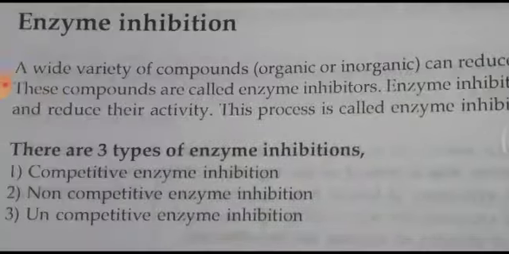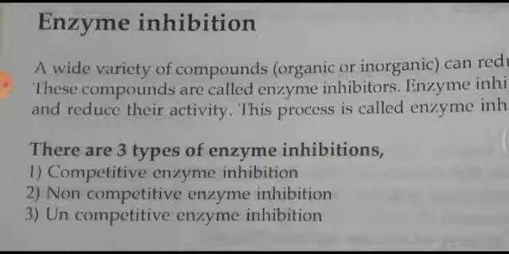There are different types of enzyme inhibition. Among them are competitive enzyme inhibition, non-competitive enzyme inhibition, and uncompetitive enzyme inhibition. If you go through their names, competitive means there is a competition between the inhibitor and the substrate for the enzyme, because the enzyme is going to bind to the substrate.